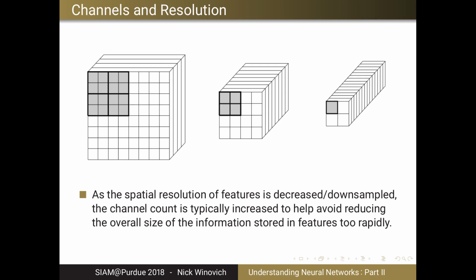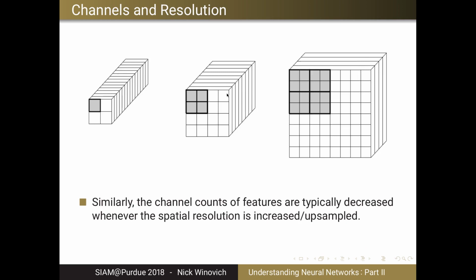And so this is like a typical diagram. We start out with a large spatial resolution and relatively few layers, and maybe as we halve that spatial resolution, we'll double the number of features. So it will still be decreasing, but it will be decreasing linearly and not quadratically at least. And as we continue to do that, we just follow the same procedure. And typically, we do use something like a constant growth rate to determine how many channels we have.